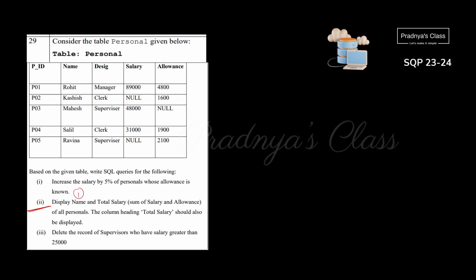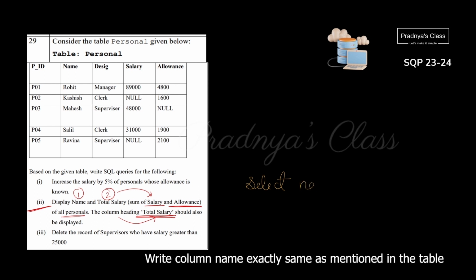Display name and total salary. The total salary will be the sum of salary and allowance that we are displaying for all the personnel. The column heading will be total salary. To display, we simply use the select command. First we will be displaying name and the second is total salary. First we need to calculate this total salary as there is no such field in the table.